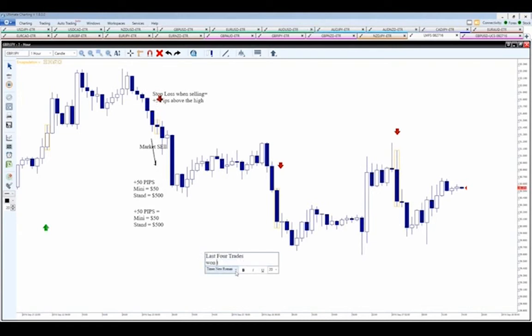We won 3, which would equal 150 pips. Lost 1. We'll call that a loss, even though with Josh's strategy, it still might be a win. Minus 30 pips. So our net, just over those last trades, would be 120 pips.